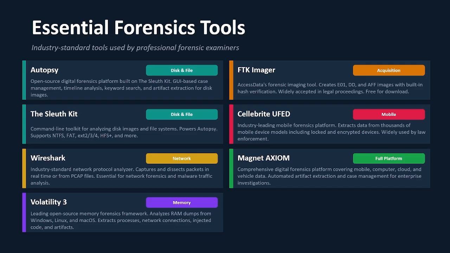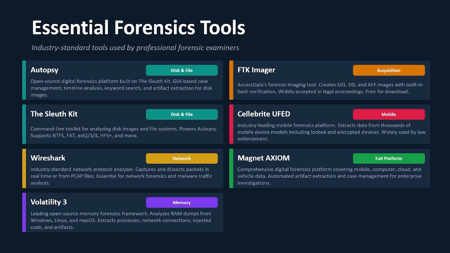So some of the tools that we will use and the essential tools that are useful for this: Autopsy, which is an open source digital forensics platform built on top of the Sleuthkit, which the Sleuthkit is also on this particular slide. And Autopsy is really good for keyword searches, artifact extraction for disk images.